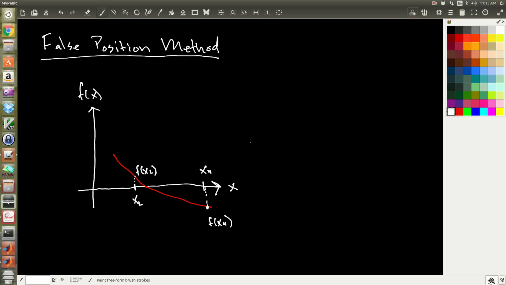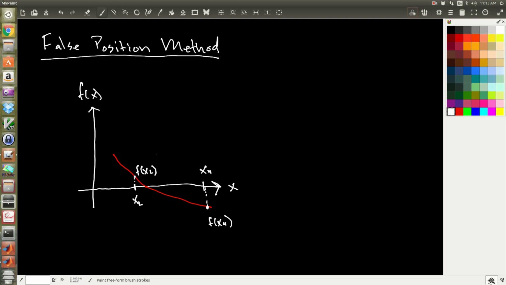Alright, now the basic idea behind the false position method is to take advantage of our knowledge of how close these points, the function at xl right here and the function at xu, how close they are to the x-axis.